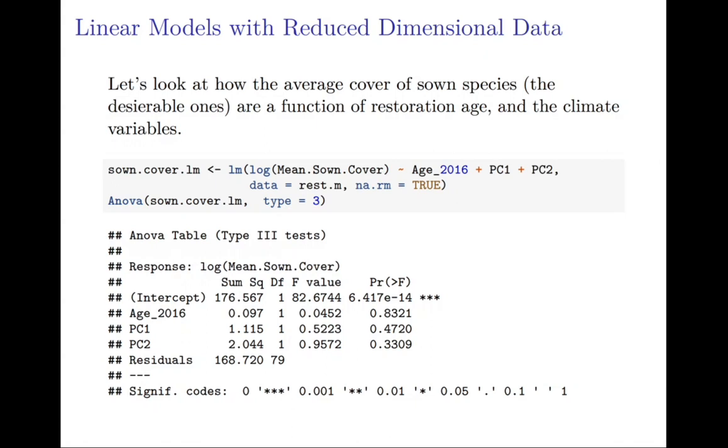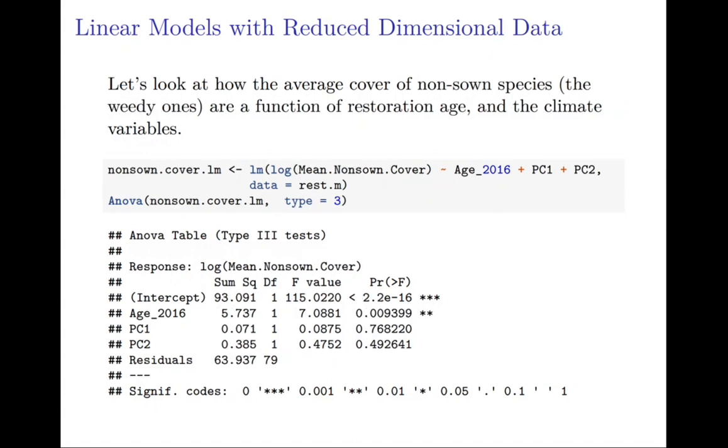And then we're going to look at this output with a capital Anova. And again, remember you use type 3 because you don't want to assume order here. And here you see actually that none of our variables are significantly predicting the cover of our prairie species, which is very interesting.